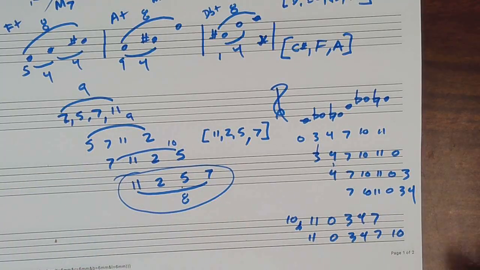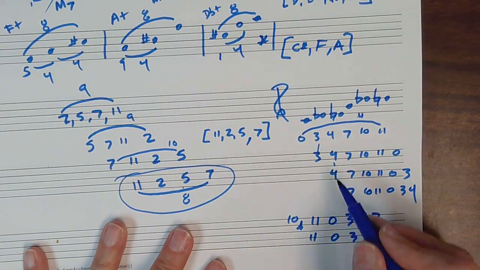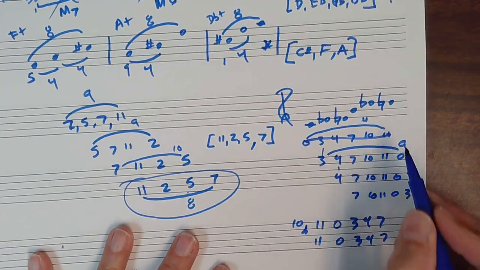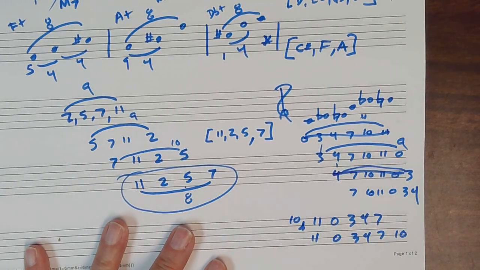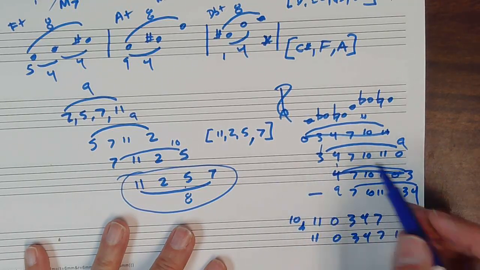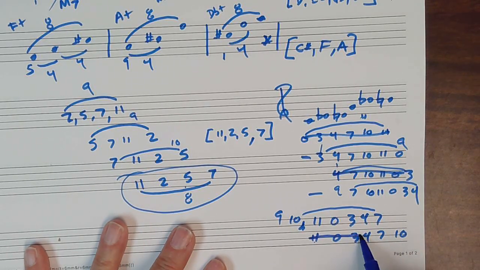All right, so now we need to look at the boundary intervals. So we can see that that is 11. This one is 9, so we know that 11 is out. 4 to 3, that's 11, so that one is out. 7 to 4, that's 9, so that one is still in the running. 10 to 7 is 9, that's still in the running. 11 to 10 is 11, so that one is out.